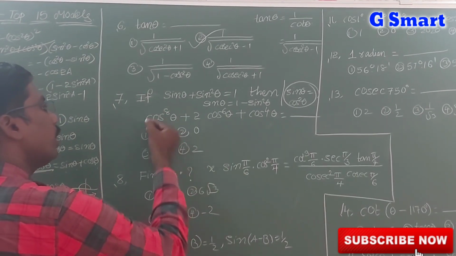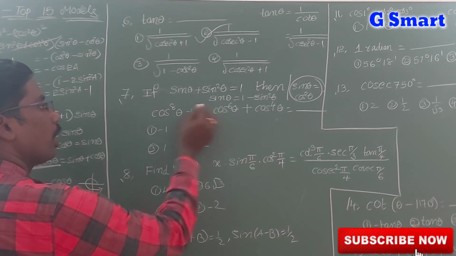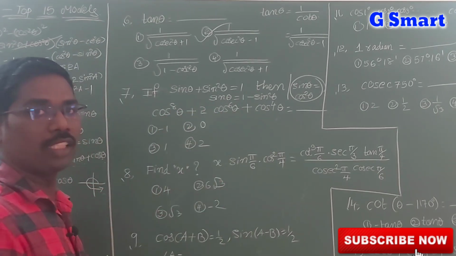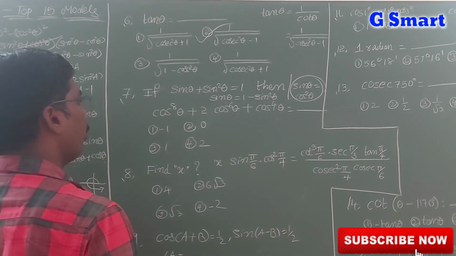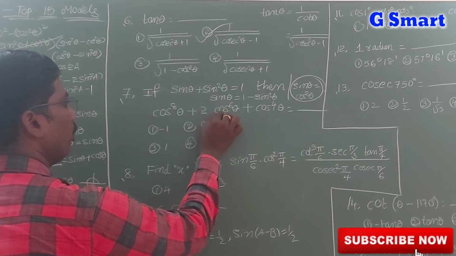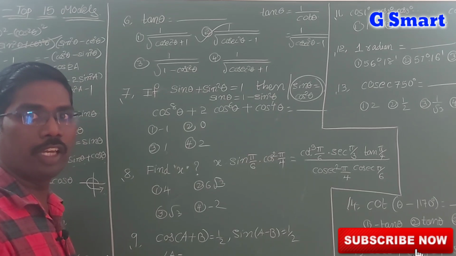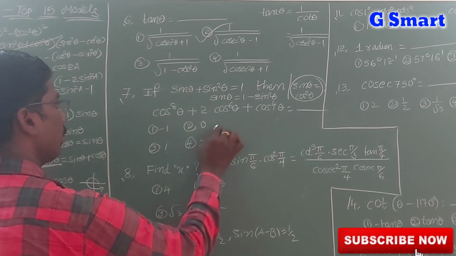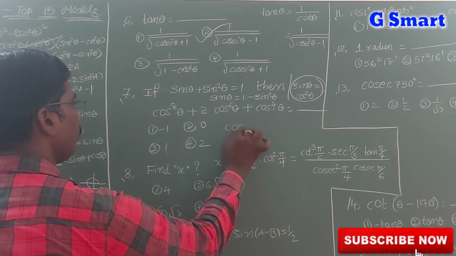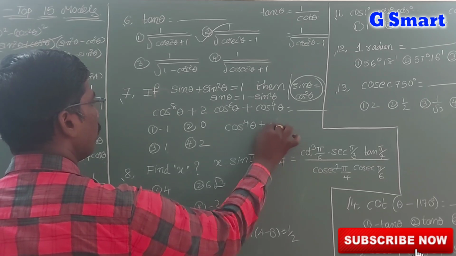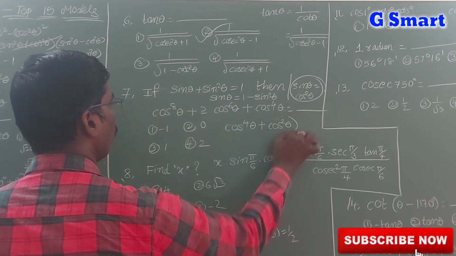Now this expression, cos power 8 theta plus 2 cos power 6 theta plus cos power 4 theta, is of the form a square plus 2ab plus b square. How? This can be written as cos power 4 theta plus cos square theta, whole square.